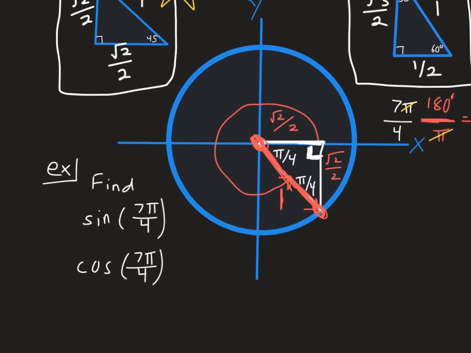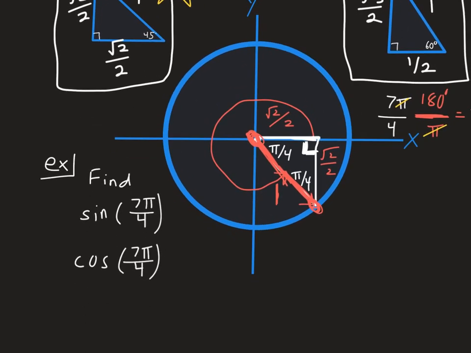And I'm in quadrant 4. So let's write out this coordinate point, an x value and a y value. It's moving to the right in the x direction, so that's a positive root 2 over 2, and down in the y direction, so negative root 2 over 2.